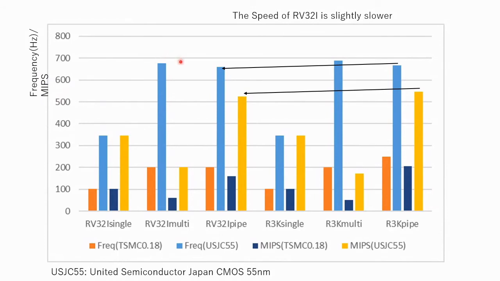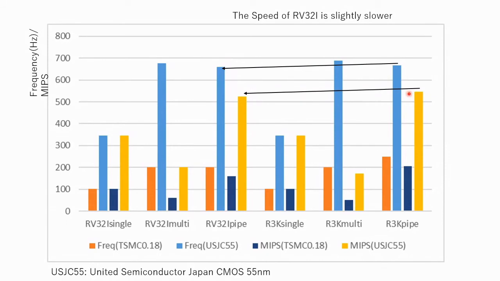Well, we used a more modern and practical semiconductor process, United Semiconductor Japan, CMOS 55 nanometer. And the results show that the speed of RV32I is unfortunately slightly slower than that of R3000.